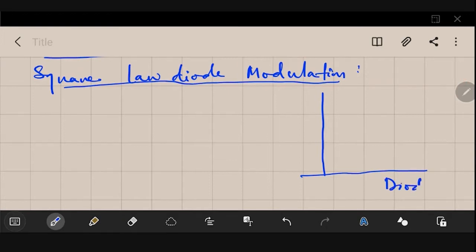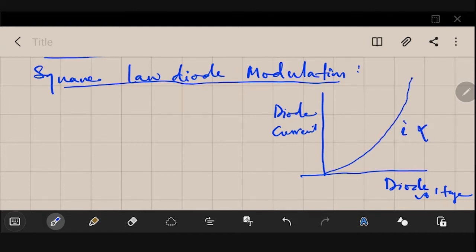Let's say this is your diode voltage, and this is the diode current. Basically at low voltage levels you will get this kind of characteristic, something like this, where I is proportional to V squared. Basically in the low voltage region of the diode, this kind of relationship exists.